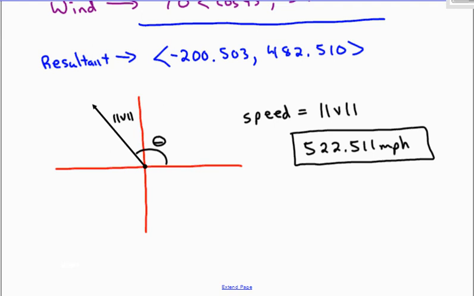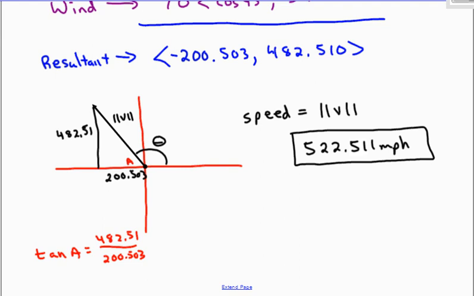Now, to find this angle here, if you think about this, if we made a triangle here, we just went 200.503 to the left, we went 482.51 up, right? I could find this angle inside the triangle right here with tangent. The tangent of A would be 482.51 divided by 200.503.